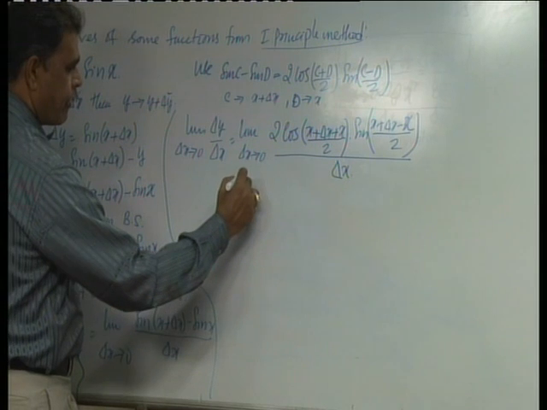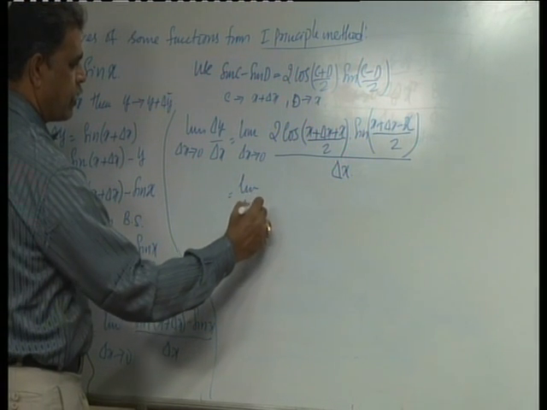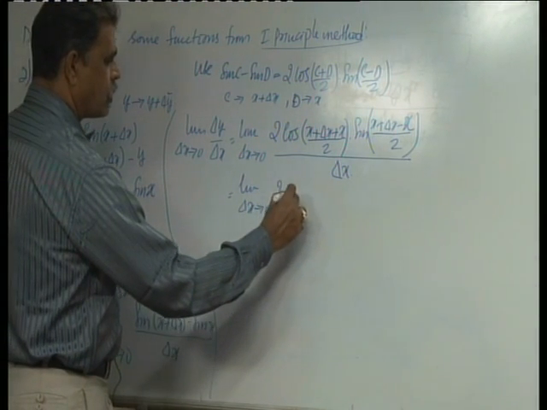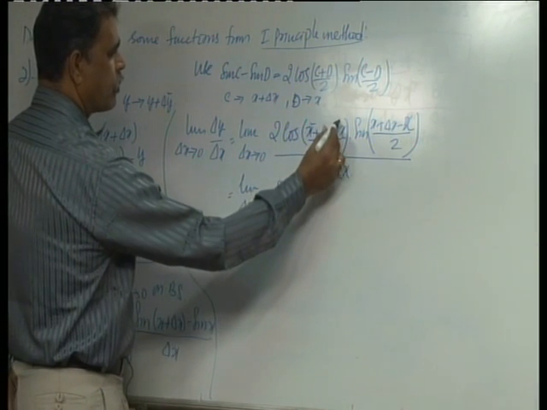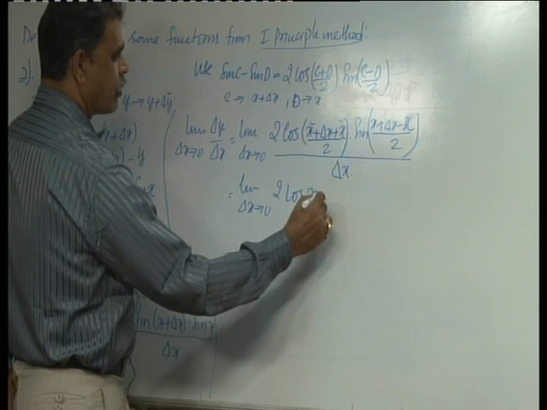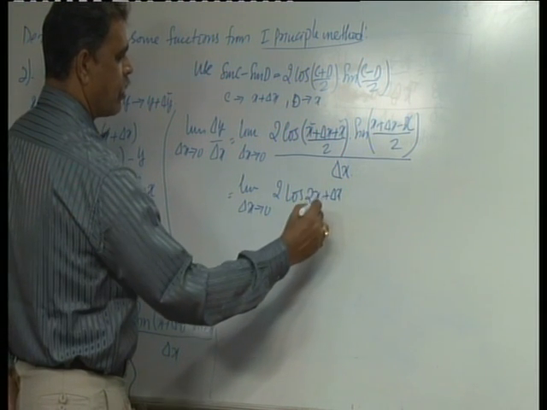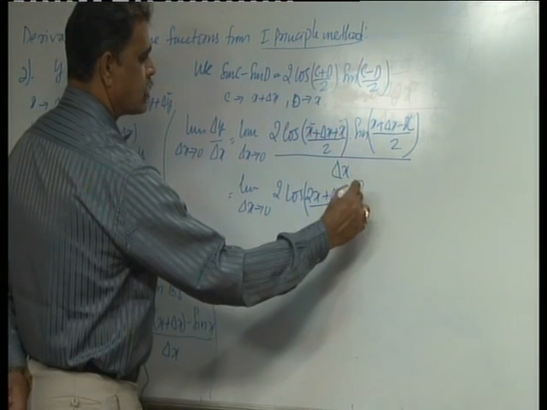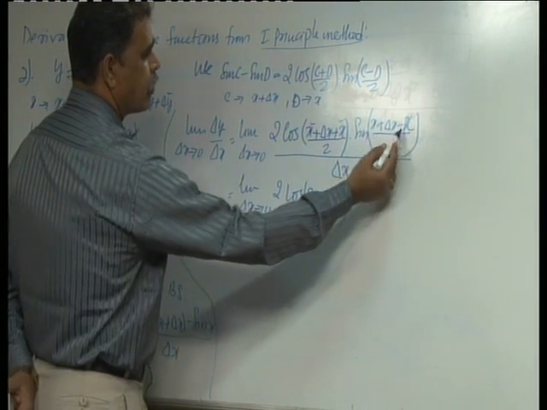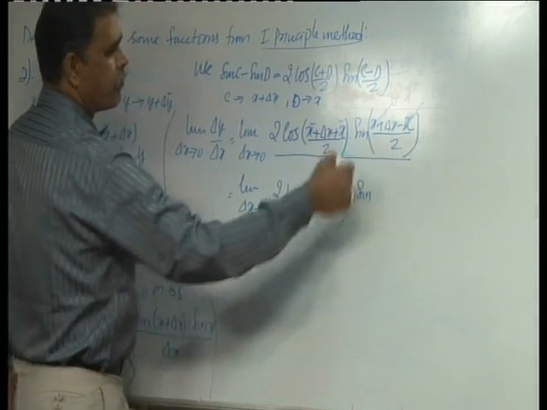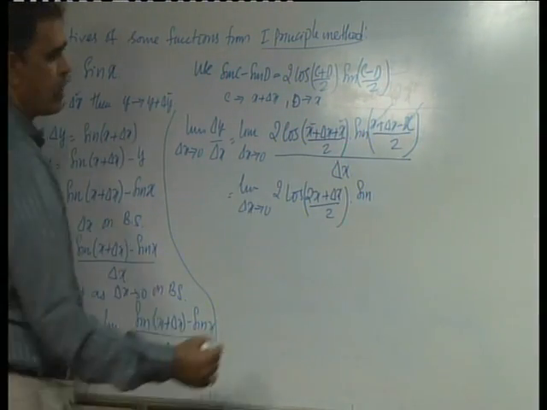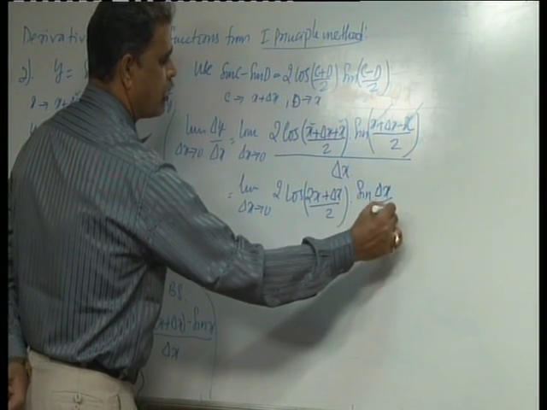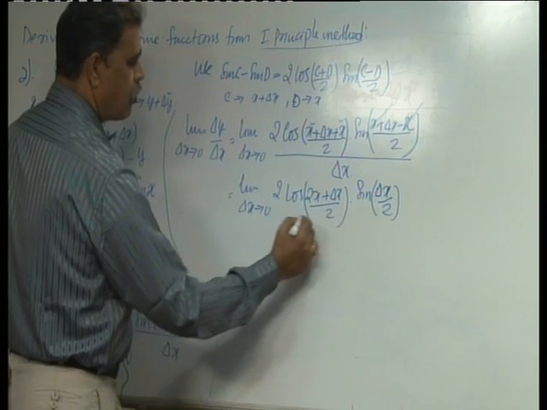Then you simplify the right hand side limit. Limit as delta x tends to 0 of 2 cos of x plus x, that is 2x plus delta x, divided by 2, into sin of x minus x, they get cancelled, x cancels, the remaining is delta x divided by 2, whole divided by delta x.